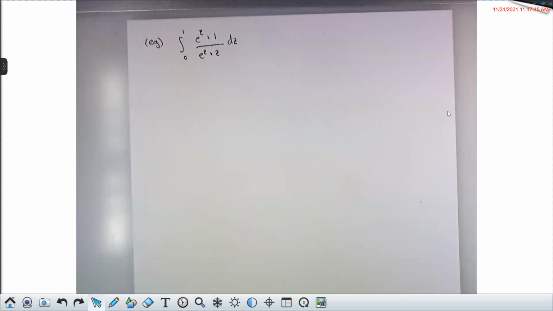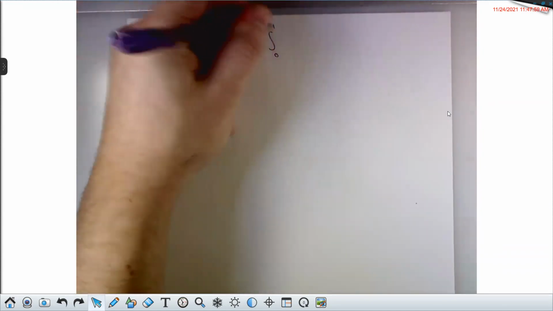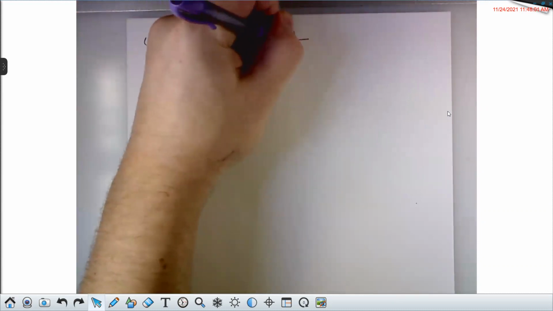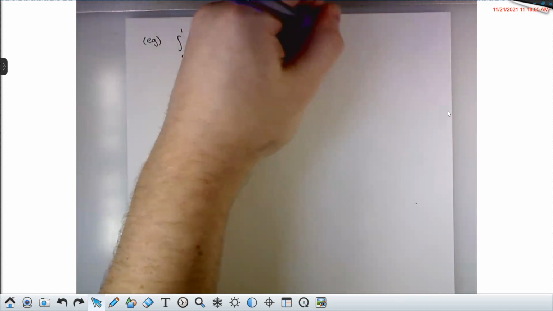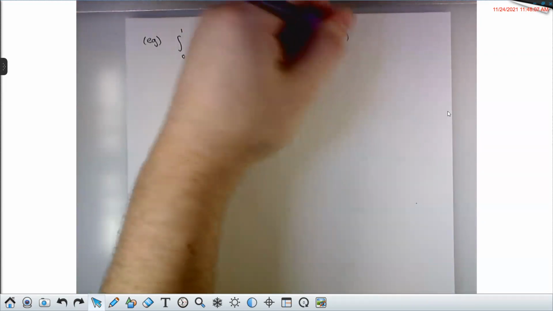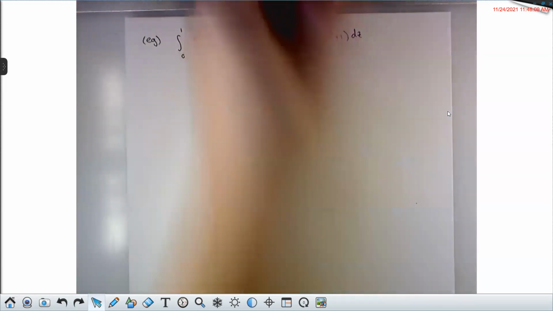U is equal to e to the z plus z. Very good. But before I make that substitution, thinking ahead that that's the substitution I'm going to want to make, I'll rewrite this as the integral from 0 to 1 of 1 over e to the z plus z times e to the z plus 1 dz.